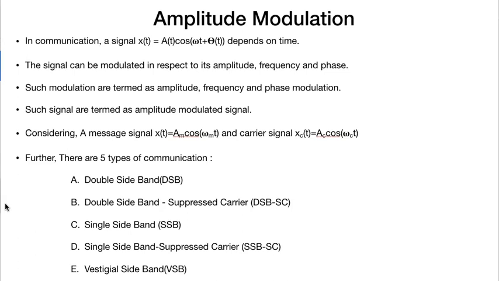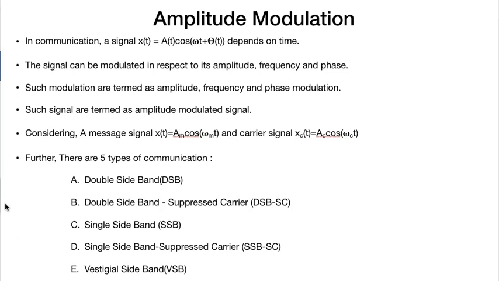These are the two signals that will be the basics of our modulation process. x(t) will be the message containing the information, and it will be a low frequency message, and xc(t) will be a carrier signal which will have quite a large frequency.